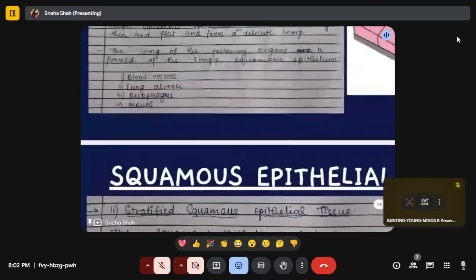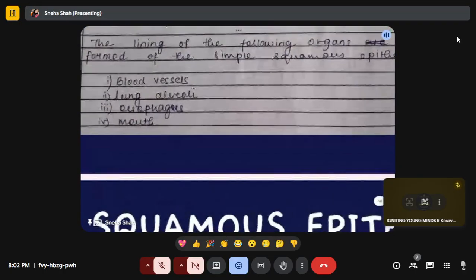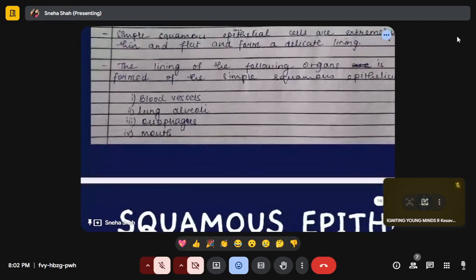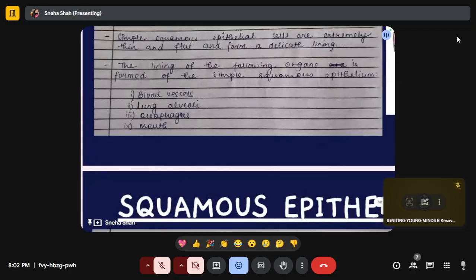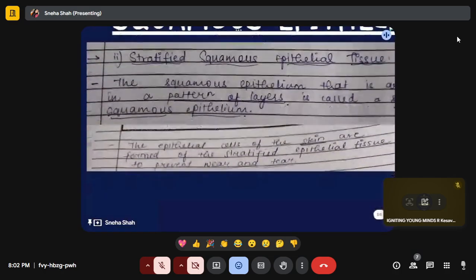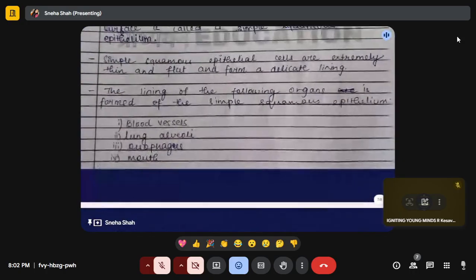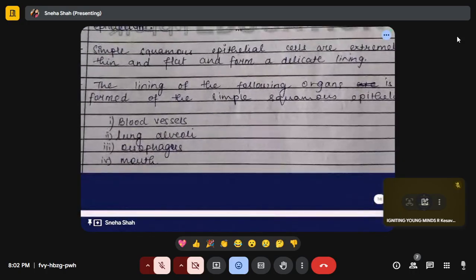Also, I want from you, like I explained in simple terms, you can note this down, what is appearing on your screen. Simply note this down and let me know why the presence of simple squamous epithelium is important in these parts and why stratified squamous is needed in the skin. Do you understand the difference of what I'm asking you to do?